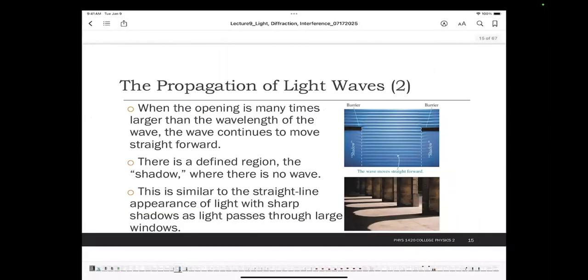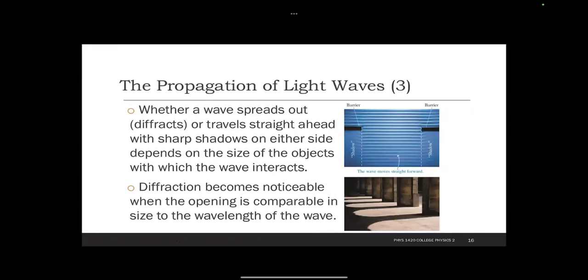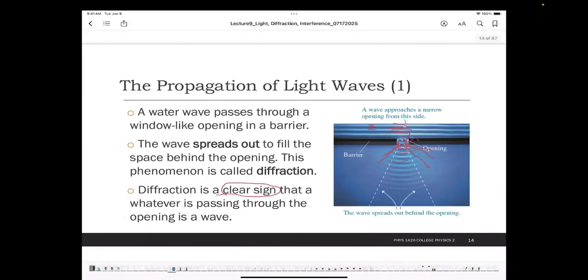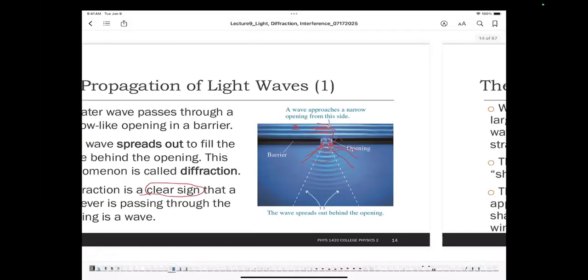But when the opening is many times larger than the wavelength, the wave continues to move straight forward. This is the original wave, and through this window opening it just keeps the same. There will not be a diffraction phenomenon. So that makes sense.